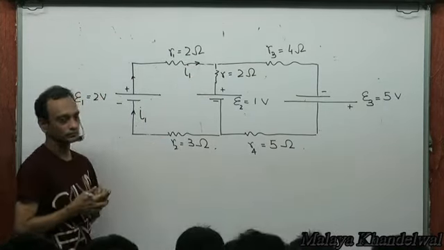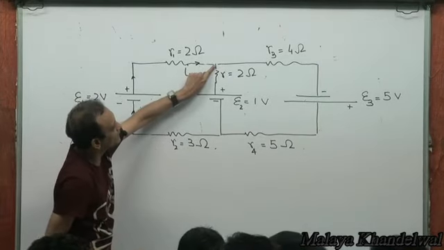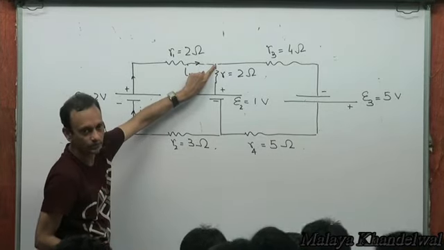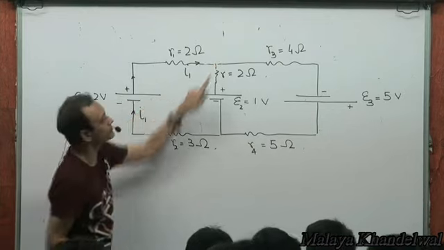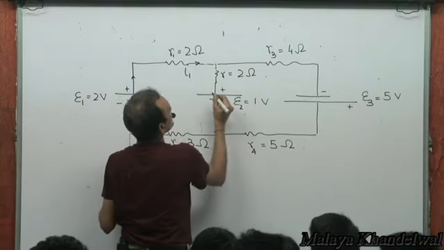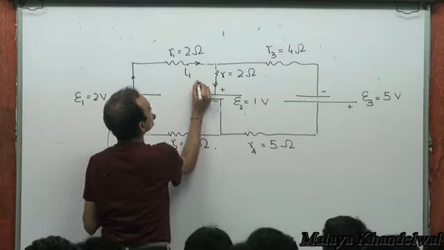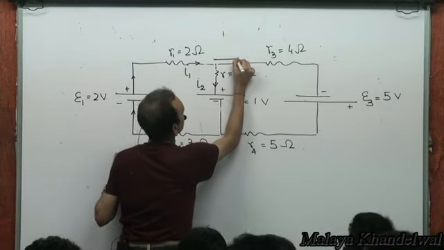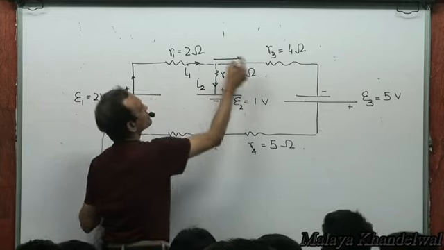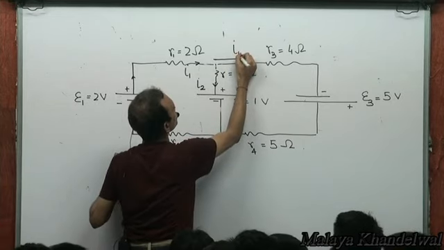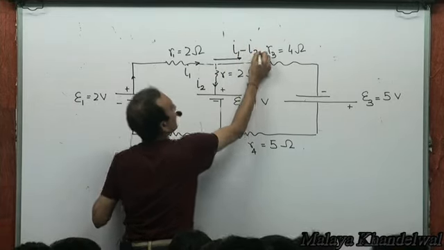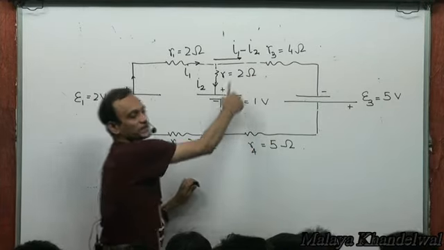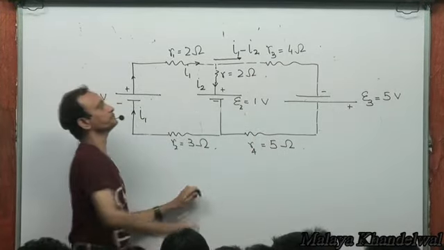This current I1 comes to this junction J and it gets bifurcated, right? Part of this current goes through this, say I2, and then the rest, I1 minus I2, goes through this, and it circulates in this loop.